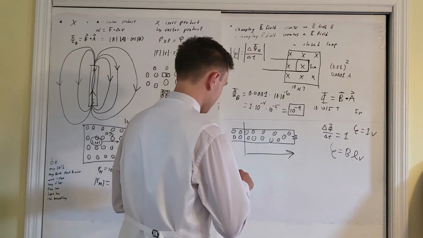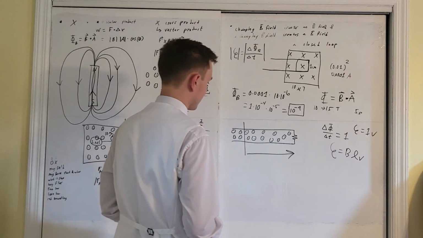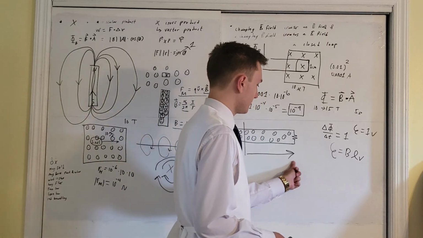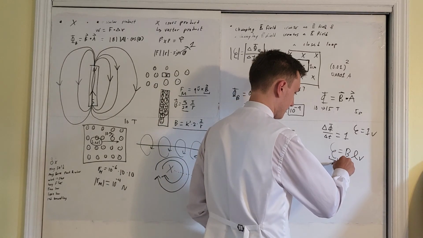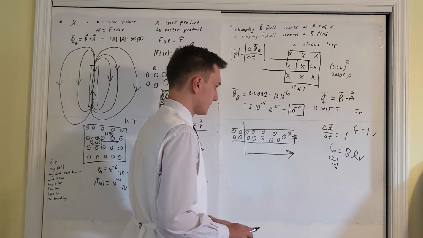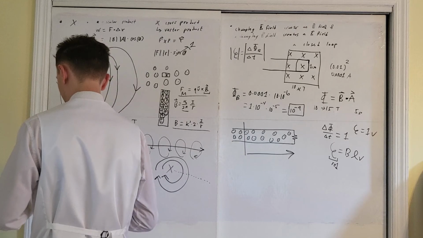So let's try and understand how this is working, okay? The equation tells me that the induced EMF in the rod, make that clear, the induced EMF in the rod is equal to the strength of the B field multiplied by the length of the rod multiplied by the velocity of the rod, okay?